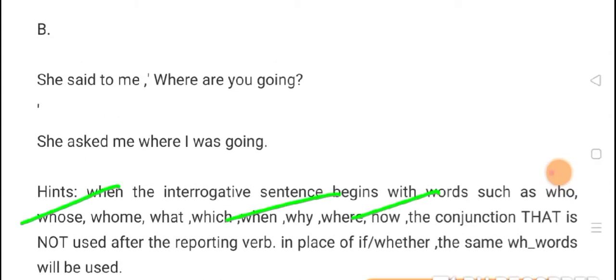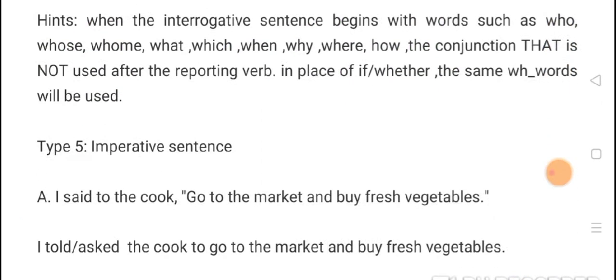The conjunction that is not used in case of interrogative sentence. In the previous case you were using if or whether in the question, but here you can't use if or whether.